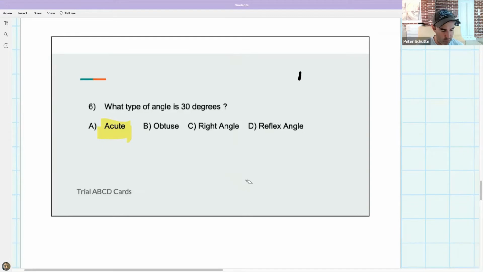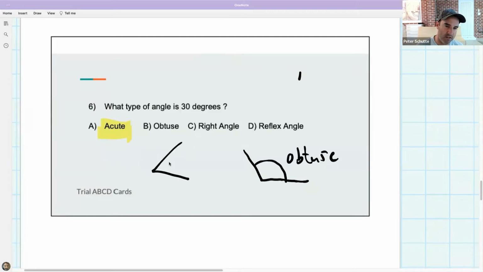An obtuse angle, what would that look like? An obtuse angle would be greater than 90, so it would look like a laid back angle. I always think of it like a deck chair. Notice how this angle is going to be obtuse, whereas this angle is going to be acute. A right angle is like standing straight up like this.